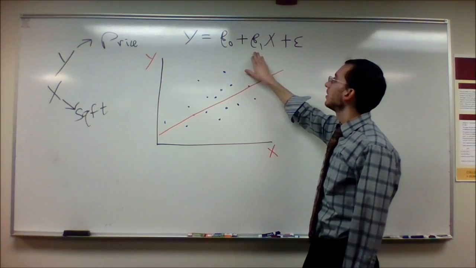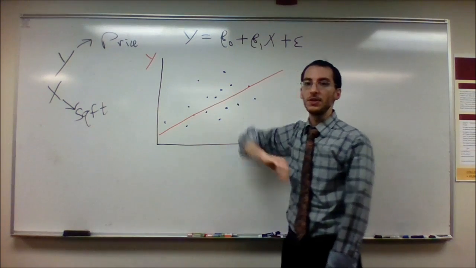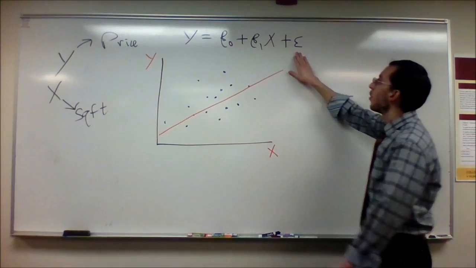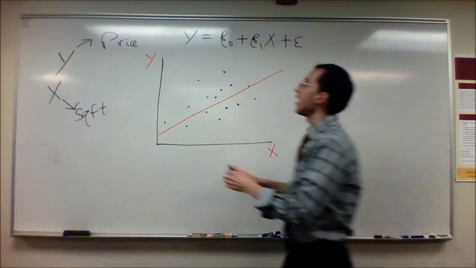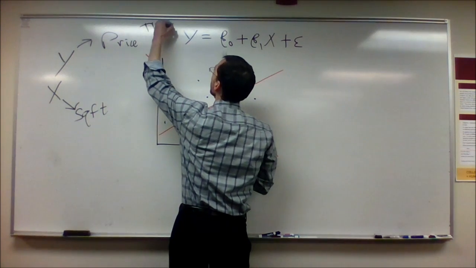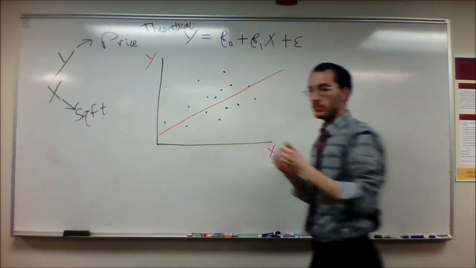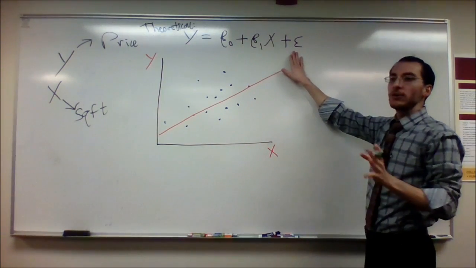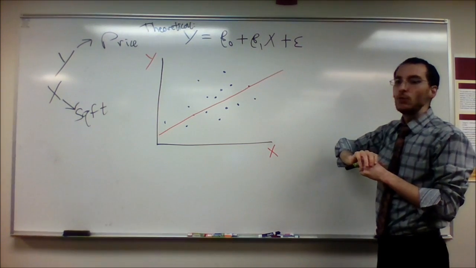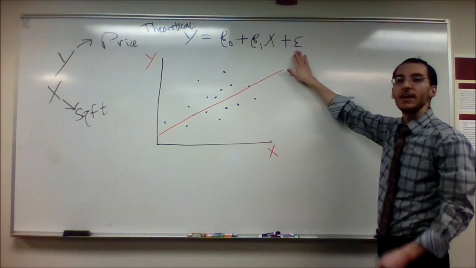Beta 1 is the slope that relates our explanatory variable to our response variable. And when we write out our theoretical model, there's always some error in the universe that we just can't account for when we make a model, theoretically even. And so we throw on this error term on the end.